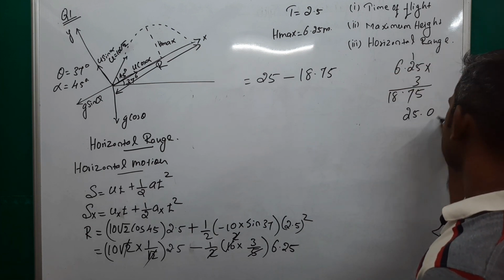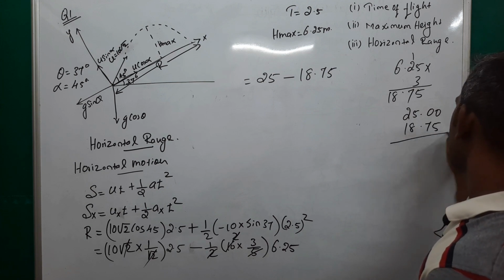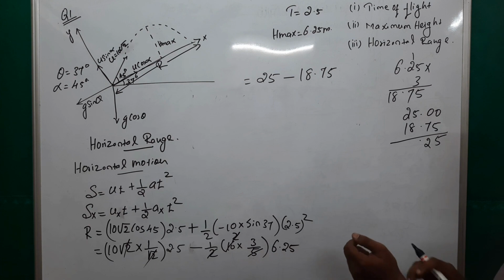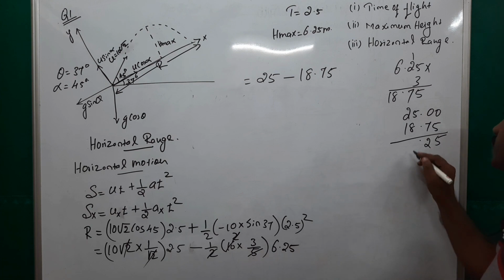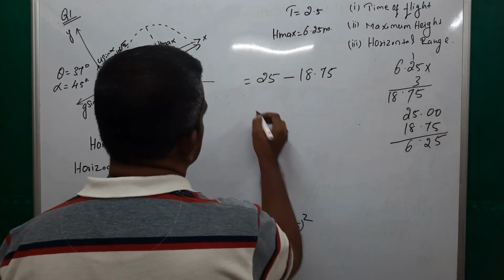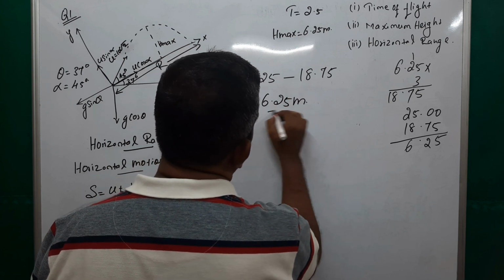25.00 minus 18.75. So 10 minus 5 is 5, 9 minus 7 is 2, 14 minus 8 is 6. So that's equal to 6.25 meter.